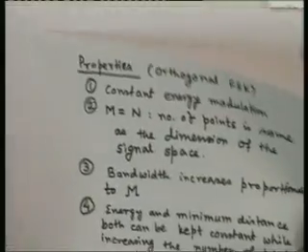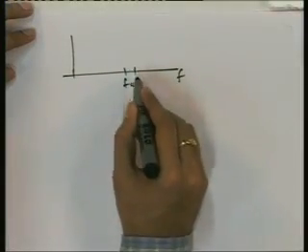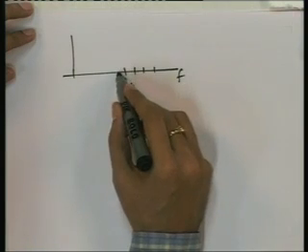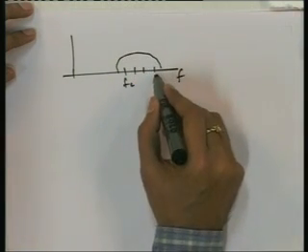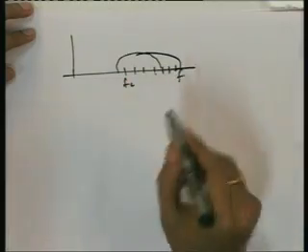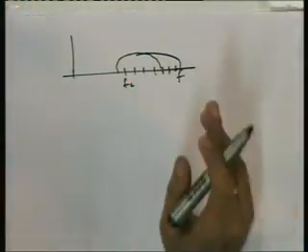If you want to increase the number of points, we will take more and more frequencies. If this is the frequency axis, we first took one Fc, then Fc plus delta F, another point, for 4 FSK we will have something like this band, and then as we increase the number of points, we have to take a larger band. So you are taking more and more bandwidth to transmit more and more bits per symbol.